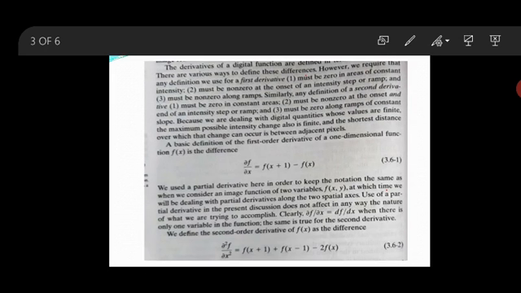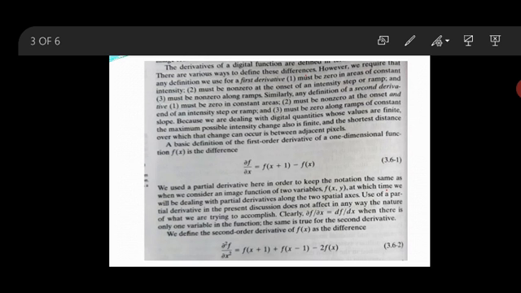In the second derivative, it is the same: there must be 0 in constant areas, where pixels have the same intensity. Second, it must be non-zero at the onset and end of an intensity step or a ramp. I will come to this point with an example so that you can understand this operation in detail.